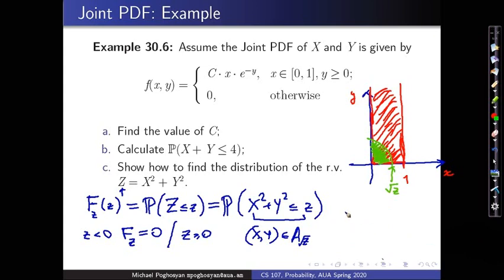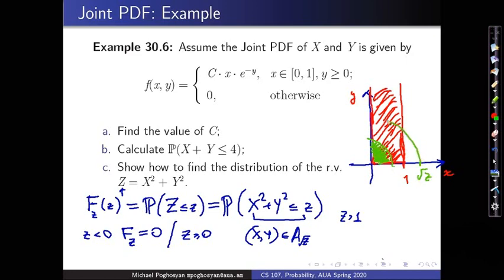If z is larger than 1, then the radius of our circle disk is larger than 1. So we will have only some portion of this segment. Let me erase this. In that case, we will have the following: square root of z is here, larger than 1.